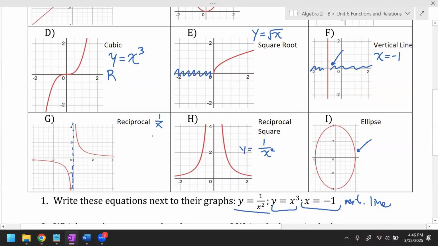Similarly, for graph H, we can't put in a 0 for x. So the domain of this graph is not everything. Let's not put an R there. And finally, the ellipse, well, it might look like it kind of covers all of the x values visible, but if these axes continued, you'd see it only really covers the x's from -2 to +2. It doesn't go out forever. That doesn't need an R either.